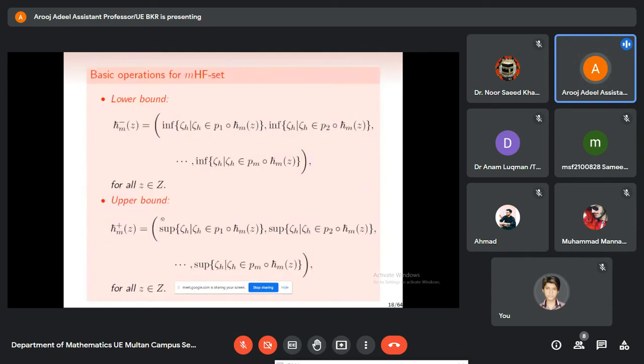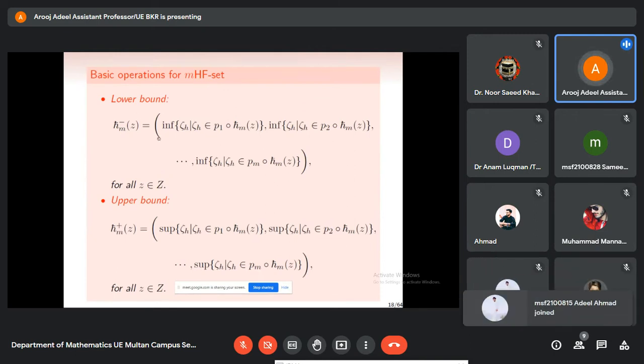Next we move toward some of the basic operations of the M-polar hesitant fuzzy set. The first one is the lower bound. In the lower bound, we take the infimum of each membership value, which is basically a set of this m-tuple. The next one is the upper bound. In the upper bound, we take the supremum of each membership value of this m-tuple.